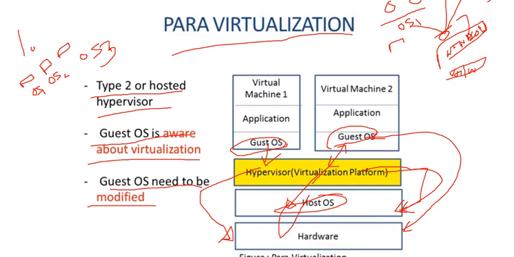Then the hardware will give the services to the host operating system, and these requests will be processed by the hypervisor in such a way that the guest OS can use those services. So in this case, we need to make changes in our guest operating system when we need some changes in our application or in our virtual machine. So this is the case with para virtualization.